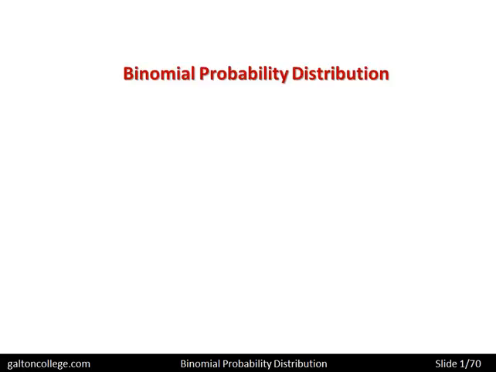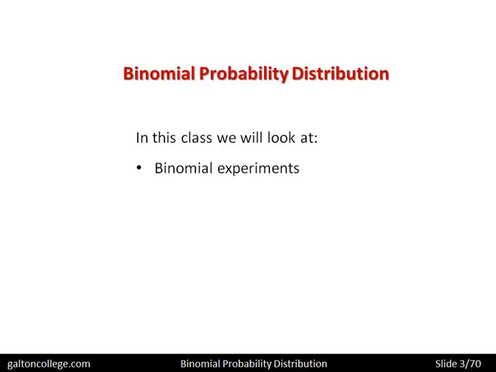And we can look later in other situations, in other sessions, at applications of the binomial distribution in a business context. But for the moment, we just want to go through what is meant by the binomial probability distribution. So the class will look at binomial experiments and also some associated notation.